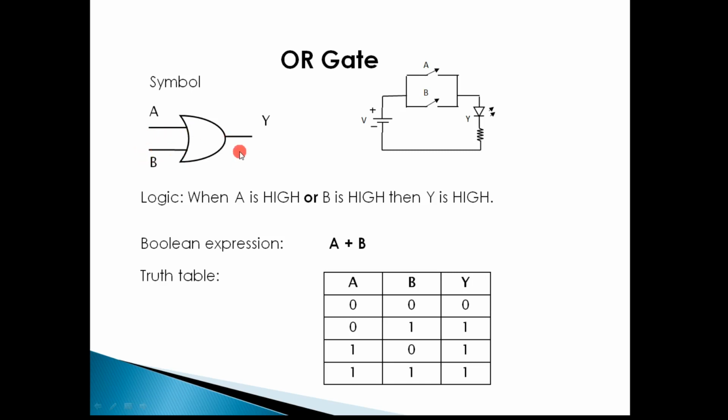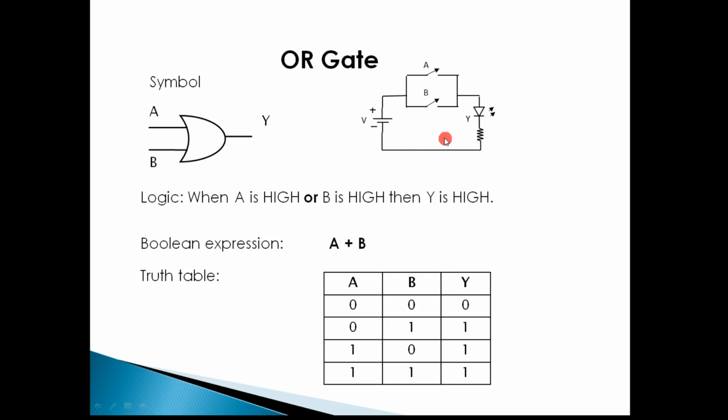This is the logic of OR gate. And the Boolean expression for OR gate is Y is equal to A or B. This is OR operator, and the expression is A or B. It is just like summing operator, and hence the summation sign is used here.